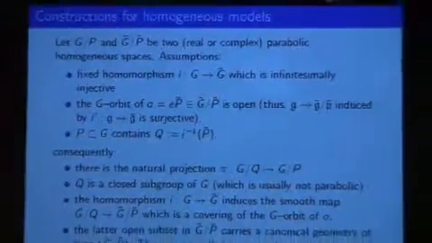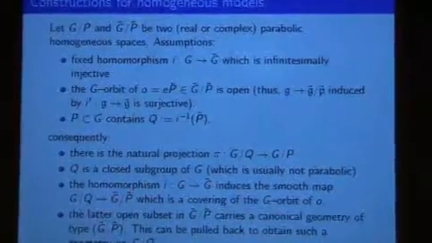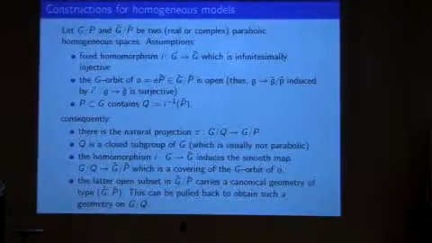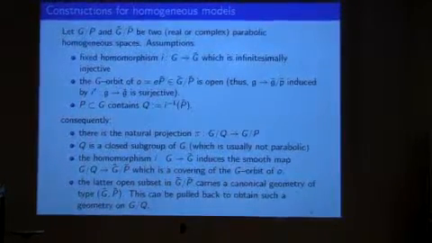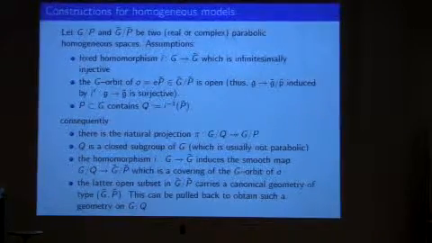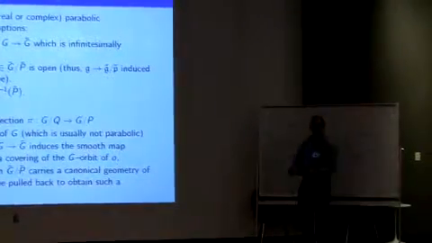So we have got this map here. And the latter open space in G tilde mod P tilde carries a canonical geometry of the new type. So we can just pull it back to get the same geometry on this one. So that's the main ingredients of the construction.